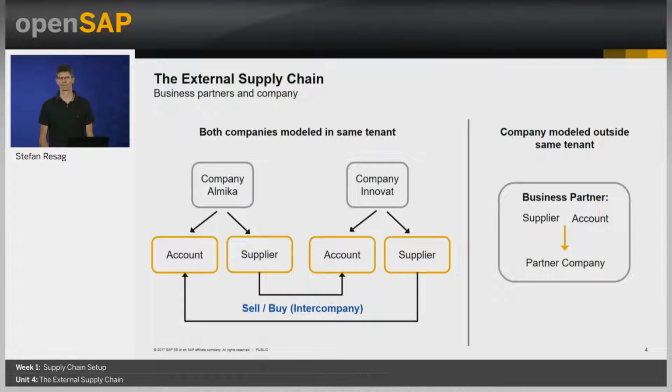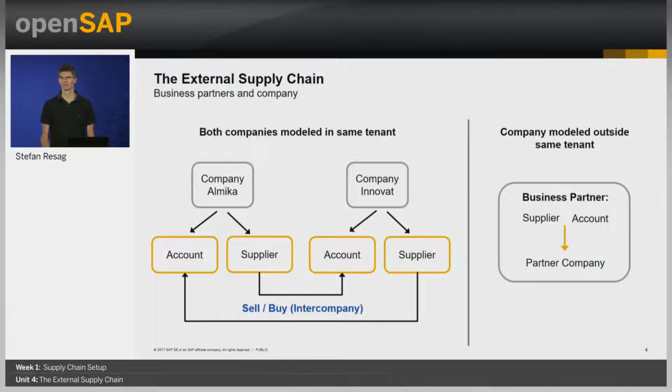As you might remember, our enterprise consists of two companies called Almica and Innovat. Since these companies are legally independent companies, they also act as an account and supplier for each other. To reflect this, the system automatically creates a business partner with the roles supplier and account for every company in the organizational management.